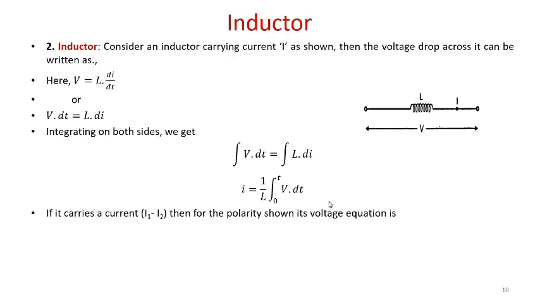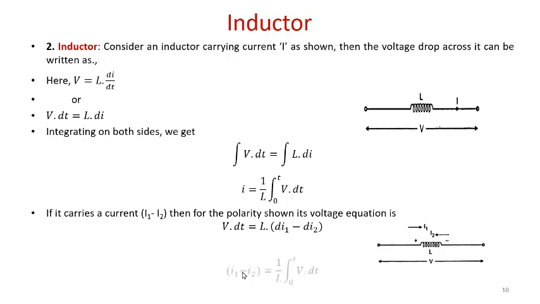If it carries a current that is the difference in current I1 minus I2, then for polarity we can show the voltage equation as below, that is V into dt equal to L into d(I1 minus I2). Next, integrating on both sides as we did above, I1 minus I2 will be equal to 1 divided by L, integrating between 0 to t, V into dt.